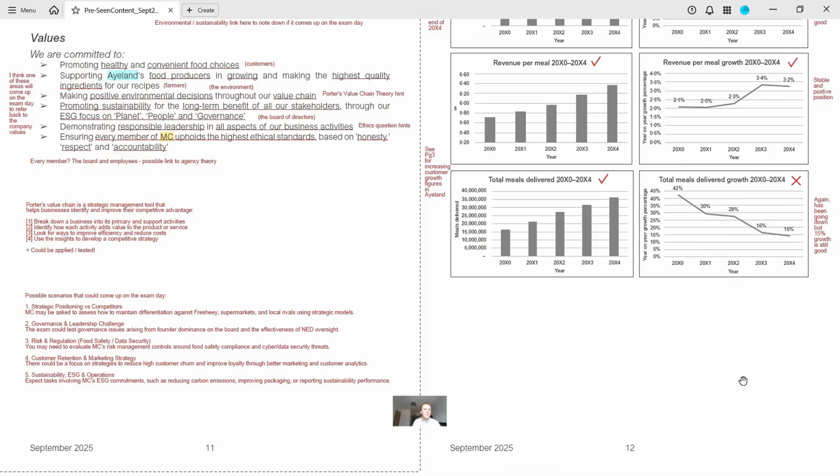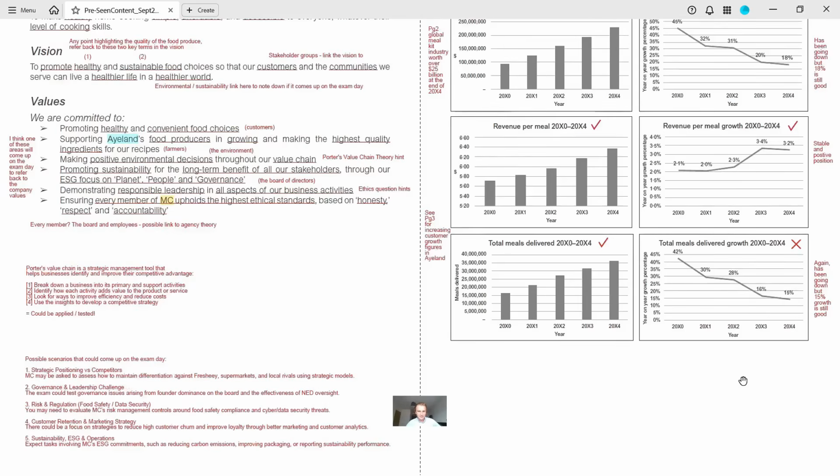Customer retention and marketing strategies. So that could be bringing in other areas of the SBL syllabus that are not as financially based. It could be looking at different strategies about the business operationally and strategically. And last, they absolutely love these areas: sustainability, ESG and operations, carbon emissions, the environmental impact. The business of MenuCraft are trying to do a lot of things positively about the environment, and therefore I think it definitely has legs and could be tested.